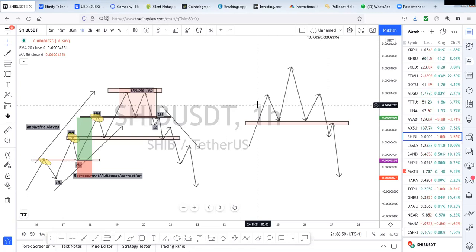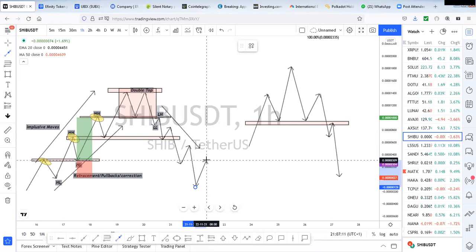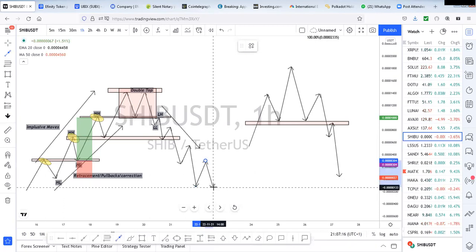All those things are bearish reversal patterns. Then for bullish reversal patterns, you can see a double bottom, something like this. You can as well see something like this.